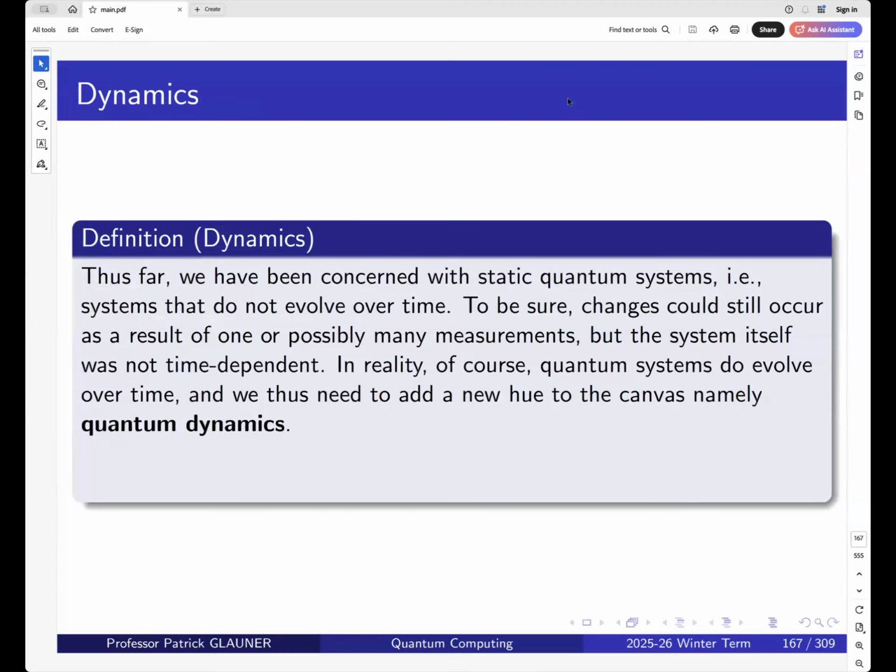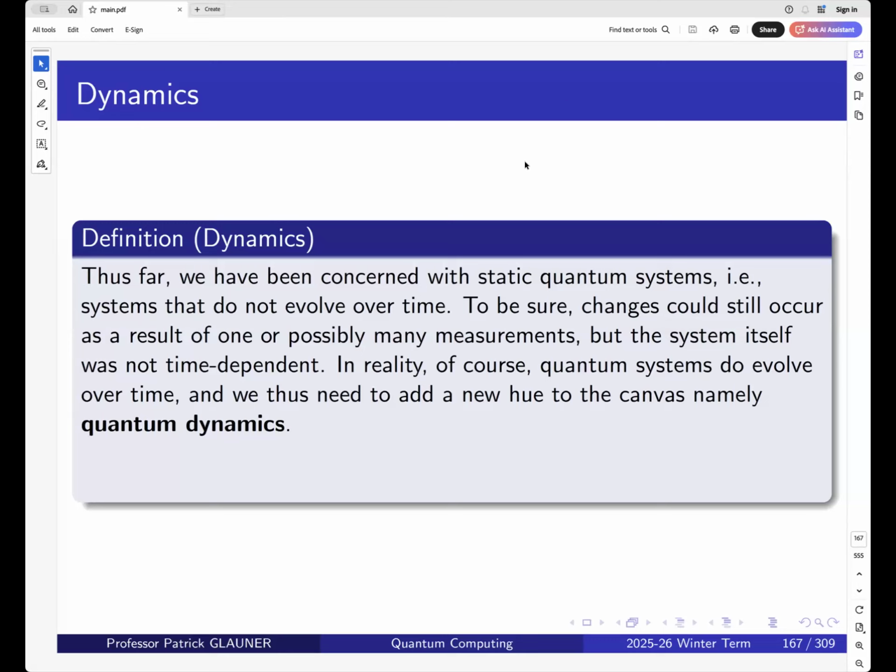What is now more interesting for us is the dynamics, because we will have a quantum state. We apply some operation in a quantum computer to it. It evolves into a new state. And then we apply operations over and over. But at some point, and you will see this when we look at quantum computing, we need to be able to undo some of these operations.